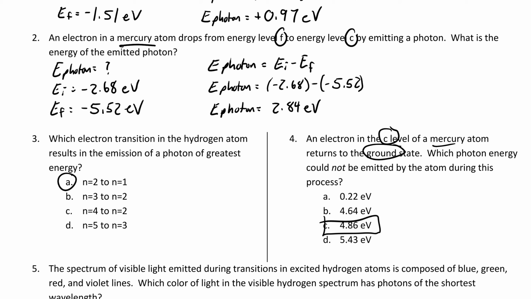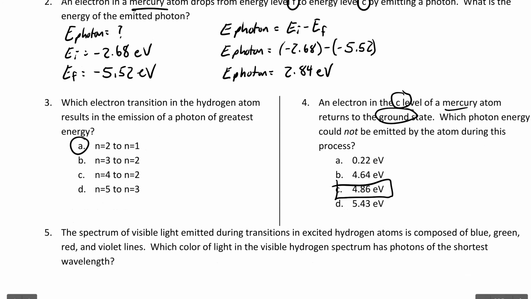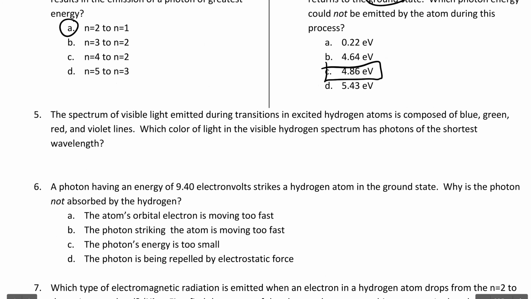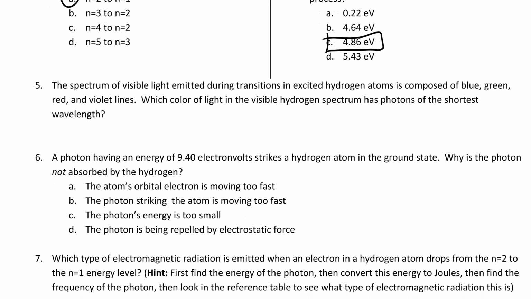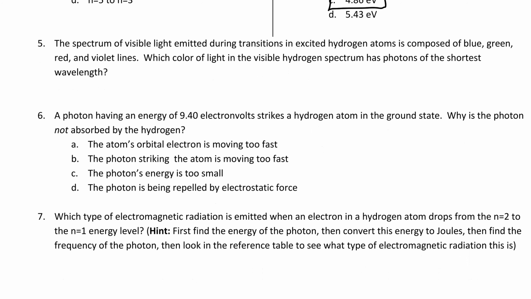And although I understand that you could go from C to B and then B to A, and you'd have 2 smaller amounts of energy for each of those photons, which add up to the total energy here, you wouldn't get an energy that's greater than the amount that you get from C to the ground state. So that's an interesting point there. You could have just stopped after the first one and figured it out from there. But that's what's going on.